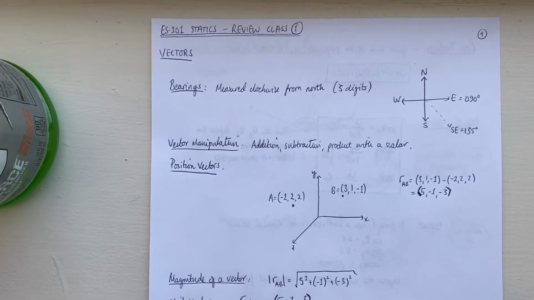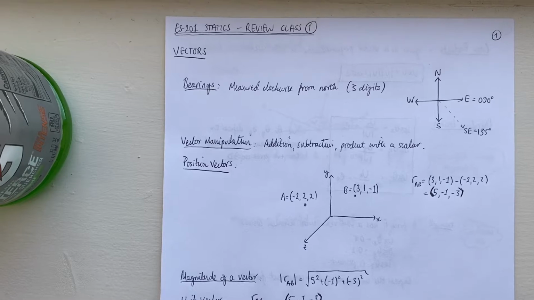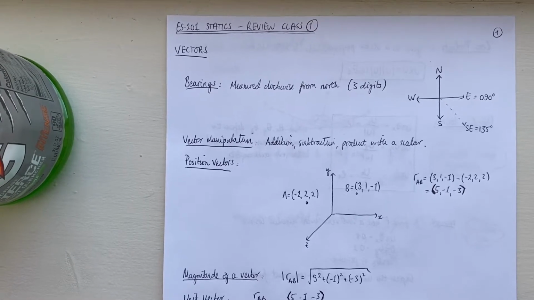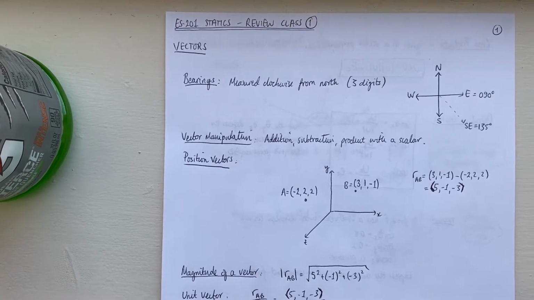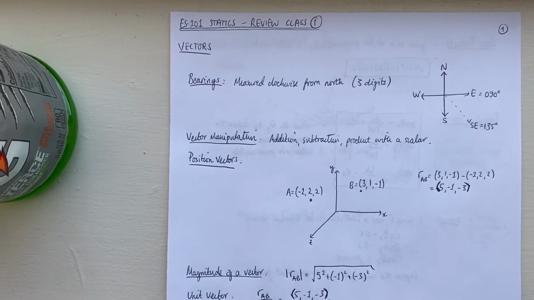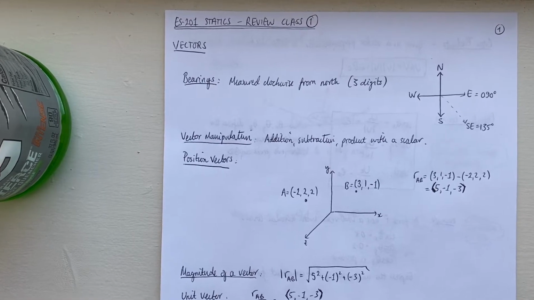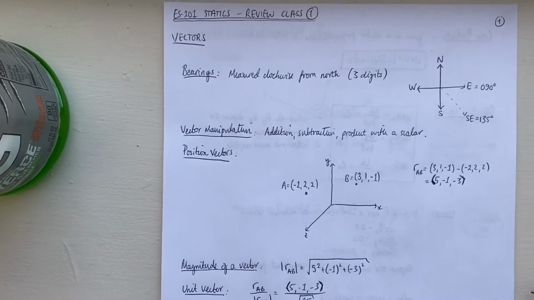So this is not an exhaustive list by any means, but it's kind of like a quick revision guide to check whether you know what each of these bullet points is about, and how to potentially solve a problem for each of these concepts. So let's get into it then.